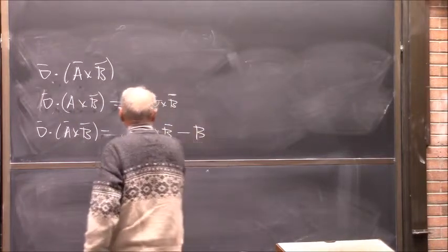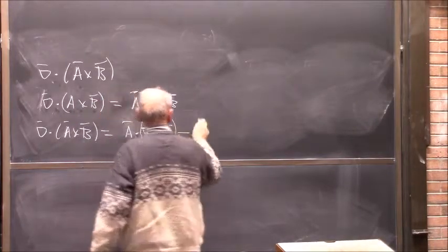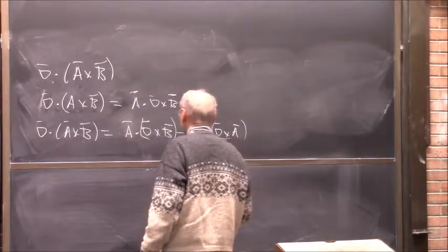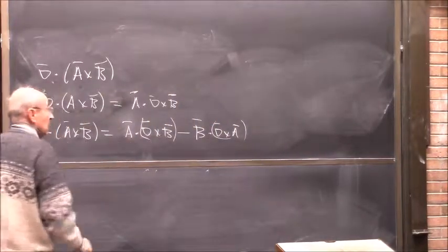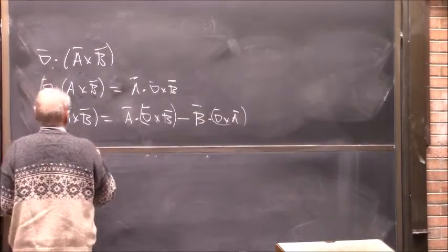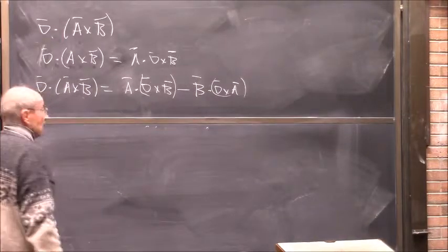So I'll get B dotted into the curl of A. So that'll be the divergence of the cross product of two vectors.